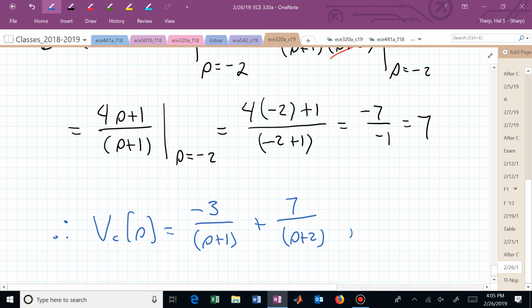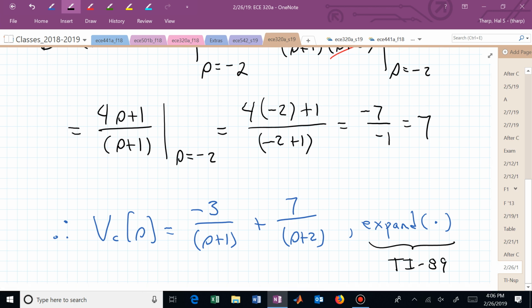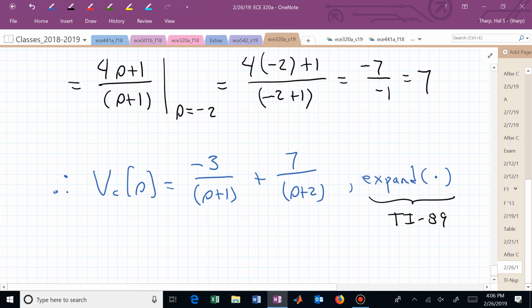And in fact, if you simply did expand on your calculator, well, it depends on the calculator, an Inspire or an 89, if you put in that argument, this expression that we started with, 4s plus 1 in the numerator over s squared plus 3s plus 2, you'll actually obtain this answer. Boom, in one keystroke. There's the answer in the back of the book.